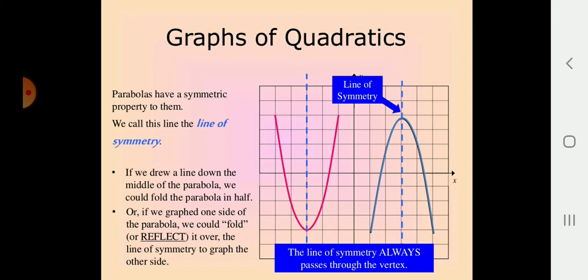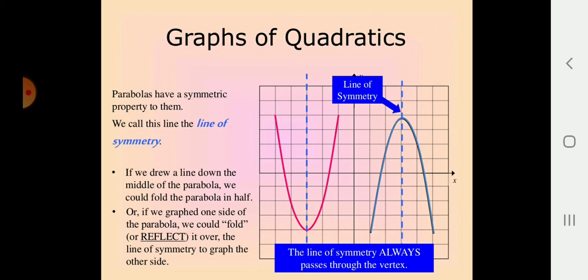Or if we graph one side of the parabola, we could reflect it over the line of symmetry to graph the other side. The line of symmetry always passes through the vertex.